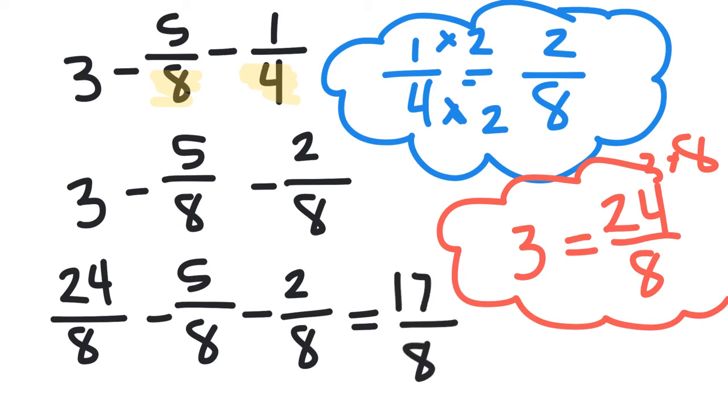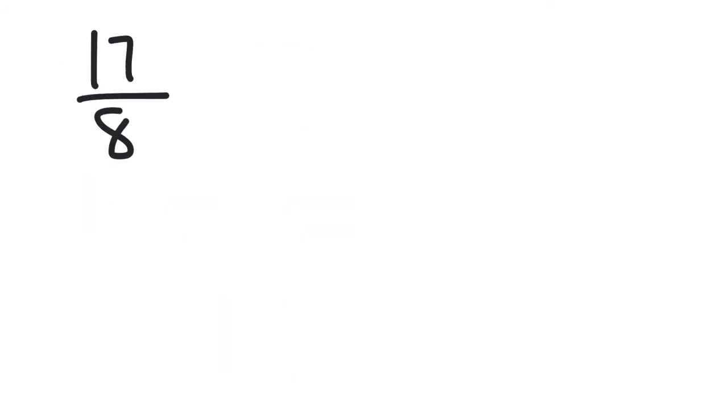However, I'm not quite finished because look at my answer. I can see that my numerator is greater than my denominator. And so this is an improper fraction. I must change it to a mixed number. I'm going to go to a fresh screen because I'm out of room. So our answer was 17 eighths, and we can't leave it that way.